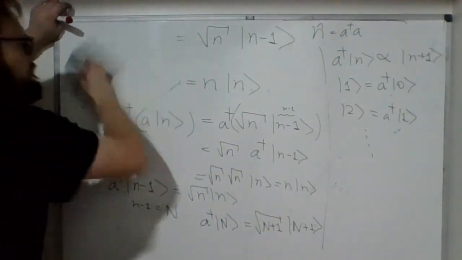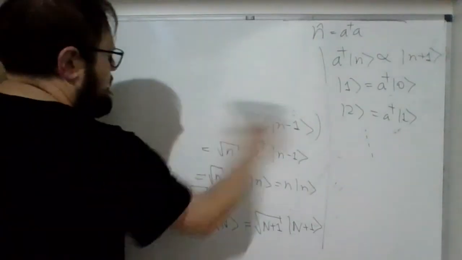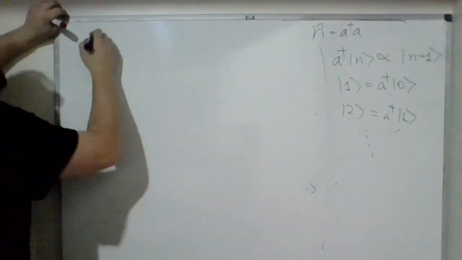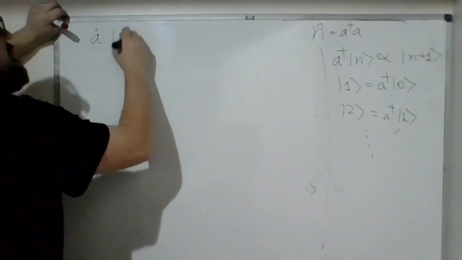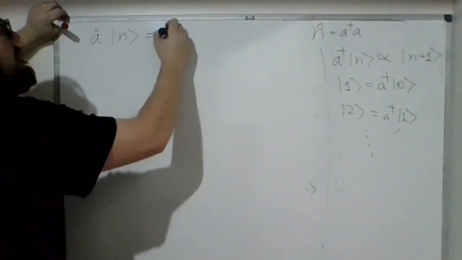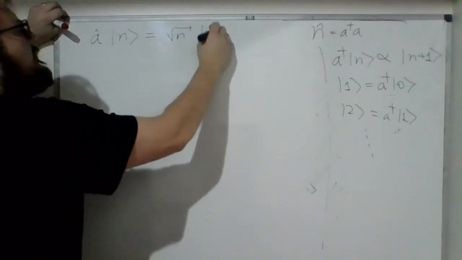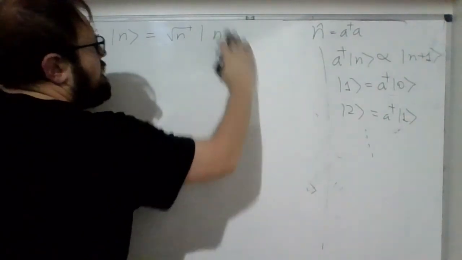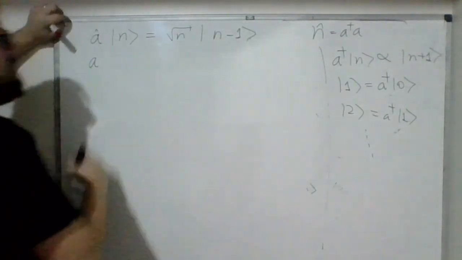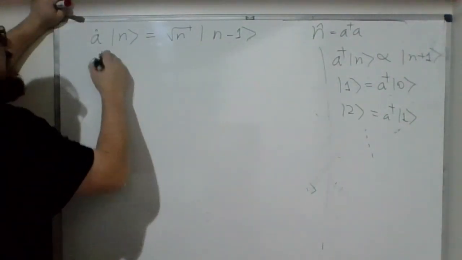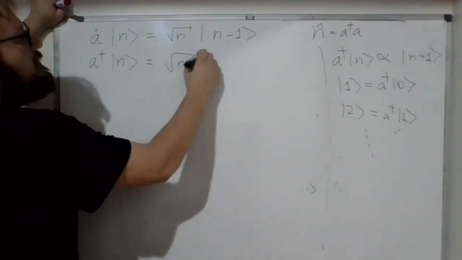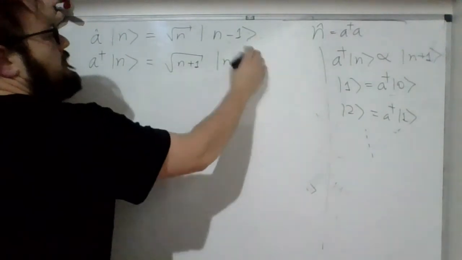This way, we have the action of A on the number state n equal to square root of n times that state n minus 1. It's not an eigenvector of A. A dagger applied to some n is the square root of n plus 1, times n plus 1.